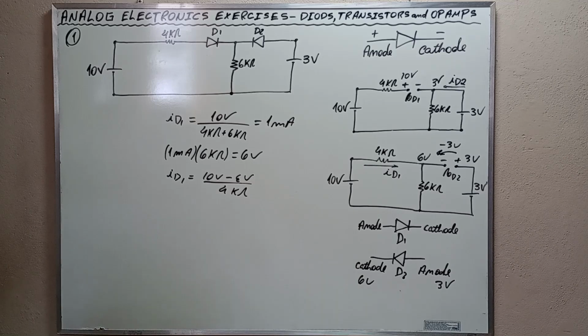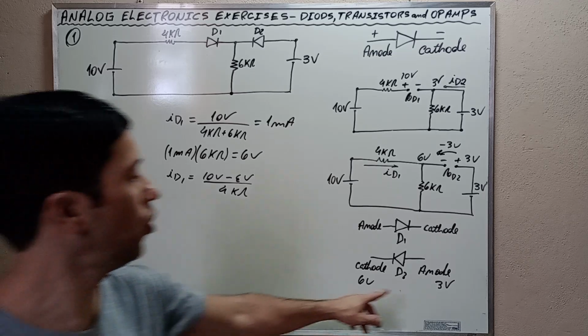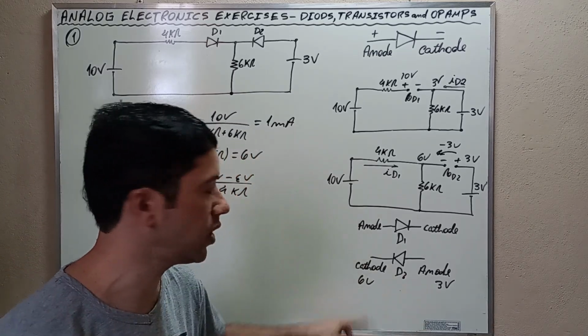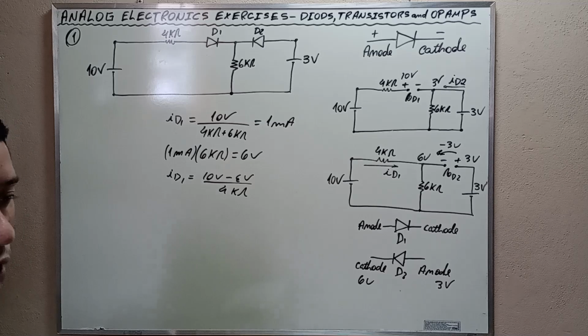The contrary should happen for conduction. The anode has to be higher in potential than the cathode, but we saw that it is the contrary. In reality, the cathode of D2 is higher in potential than its anode.